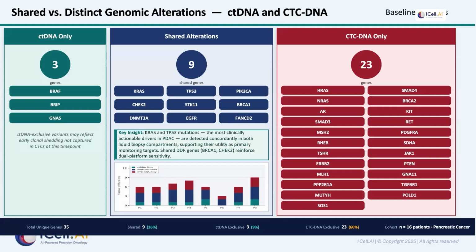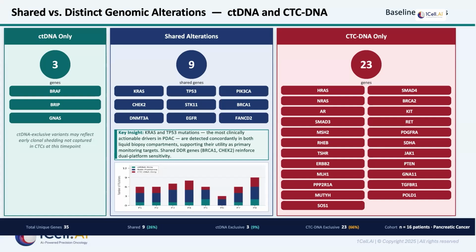So if we look at patients that have ctDNA only versus CTC DNA only, we're getting a lot more alterations from the CTCs, which you can see on the right, than we are getting from the ctDNA. And this in the middle are some of the shared alterations that you see.